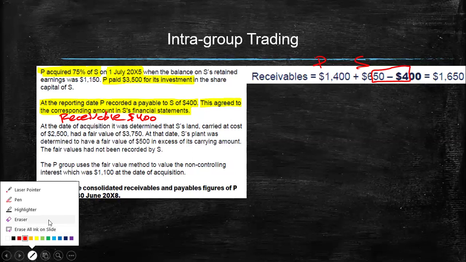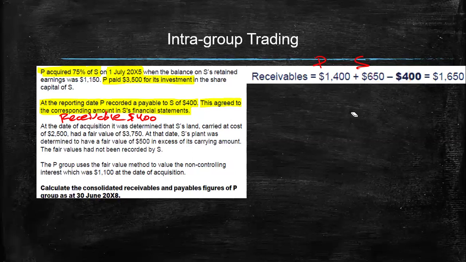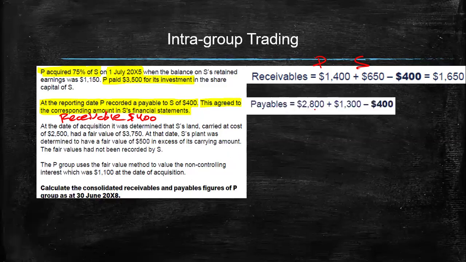And then we'll do a similar thing with the payables amount as well, where we have the payables amount of the parent and of the subsidiary here. So we will subtract the amount that is payable between them from the calculation.